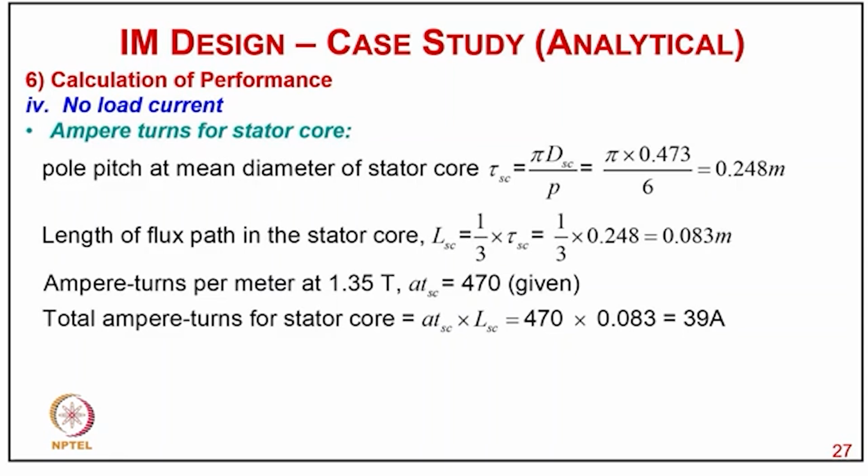The ampere turns per meter at 1.3 Tesla is ATSC equal to 470, from the magnetization characteristic of this particular material, and the total ampere turns of the core will be ATSC into LSC, the length of the magnetic path, so it comes to 39 ampere turns.